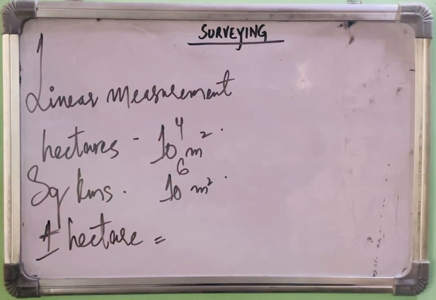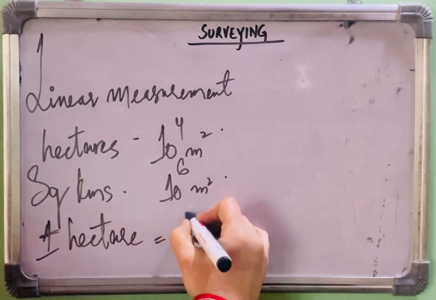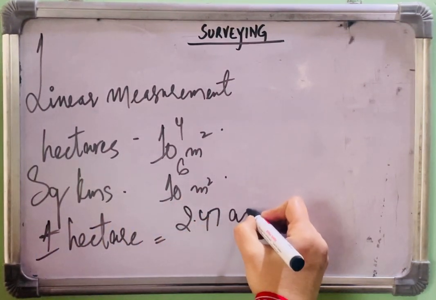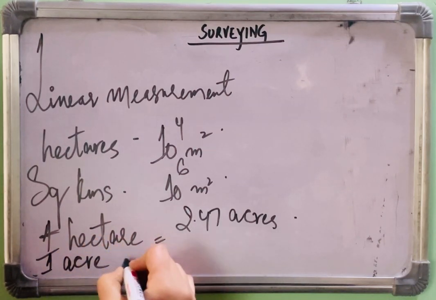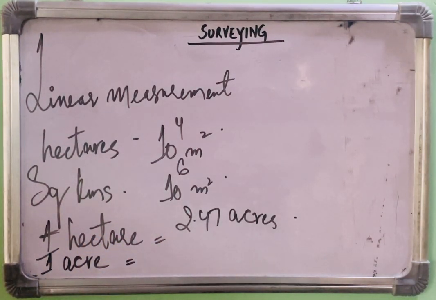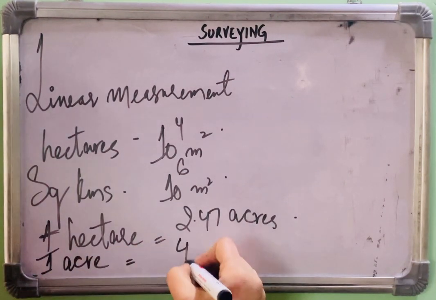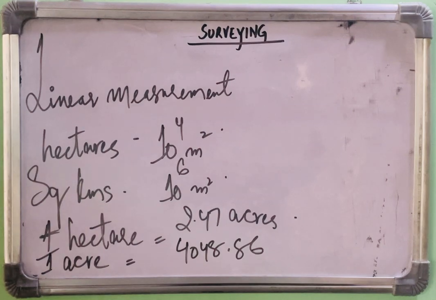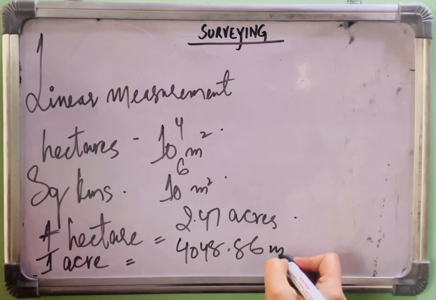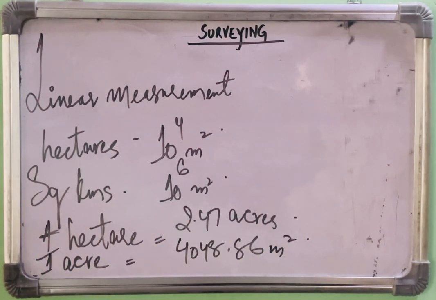is equivalent to 2.47 acres, and 1 acre is equivalent to 4046.86 meter square, right?